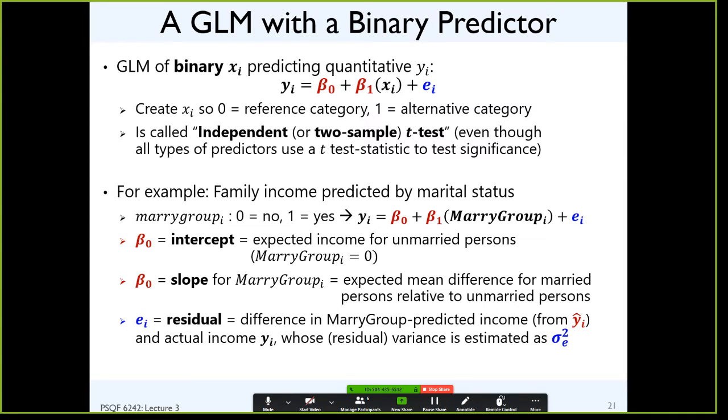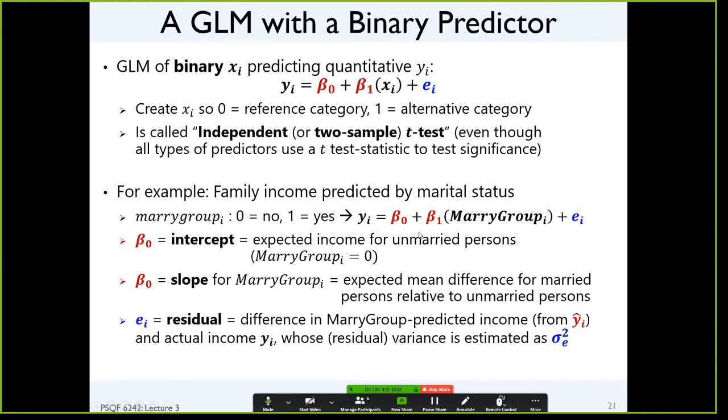By the way, for those of you who've had stats classes before, what I'm talking about when you have a binary predictor of a quantitative outcome is what's known as an independent or two samples t-test. We use t for lots of things, so that's not the best name, but that's what I'm talking about. I'm showing it to you in the context of a model, but that's what it would be known as in other variants of this type of material.